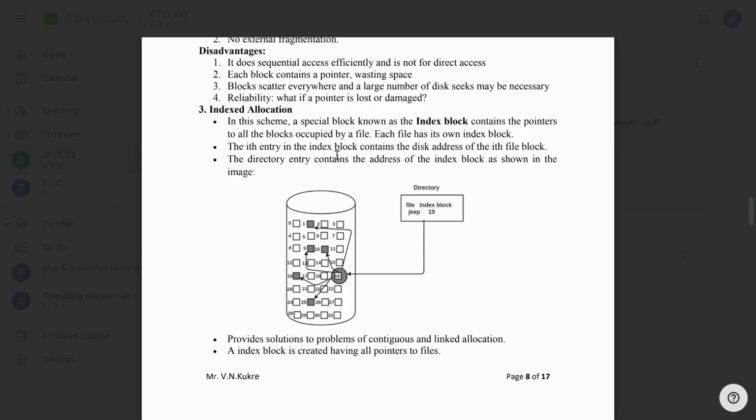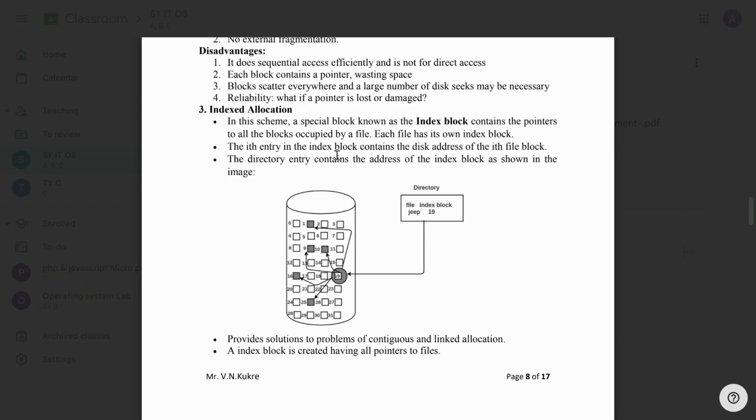So we can see in this diagram, if we are going to refer the block number 19, it has so many pointers in it. They are going to point to several blocks from the memory or disk. So in this scheme, a special block known as index block contains pointers to all the blocks occupied by a file.